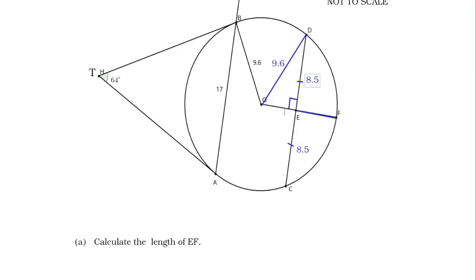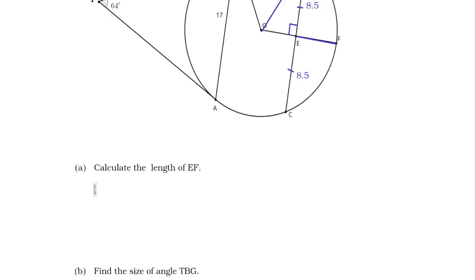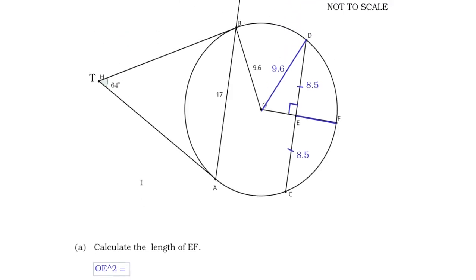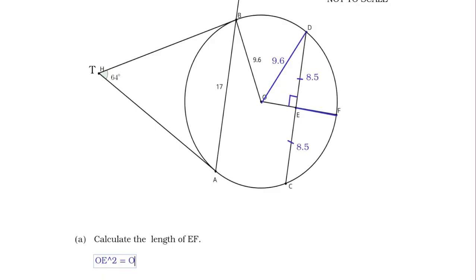Now using the Pythagorean theorem, we can find the length OE. OE squared is equal to OD squared minus DE squared.